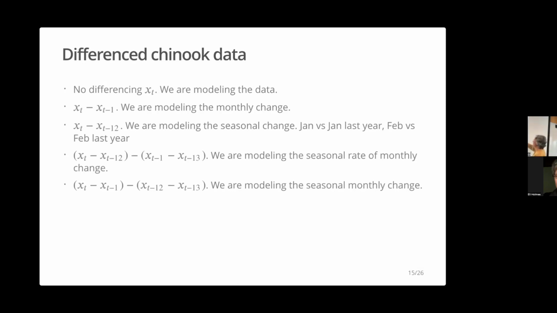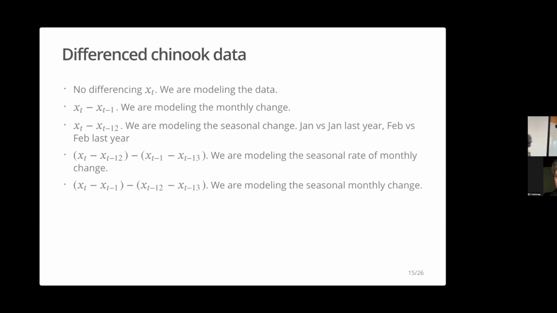And if we had a, let's see, this is a second order difference. We are modeling the, well, actually it's not second order. If we have both of these, what we are doing is modeling the seasonal rate of change.